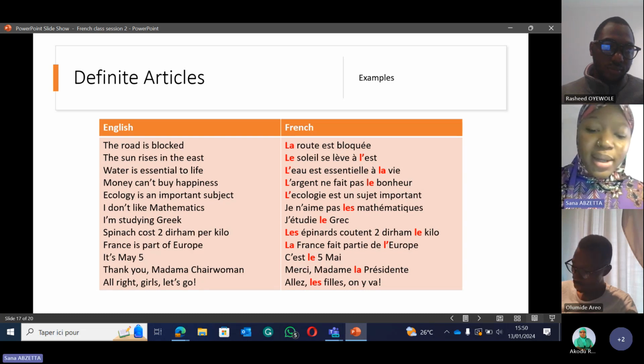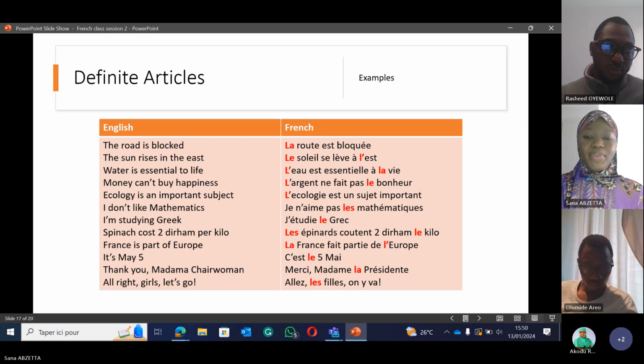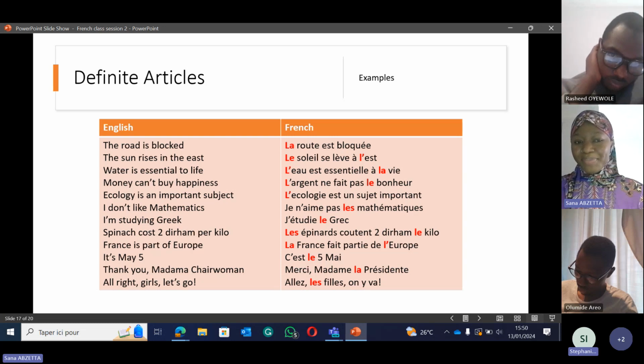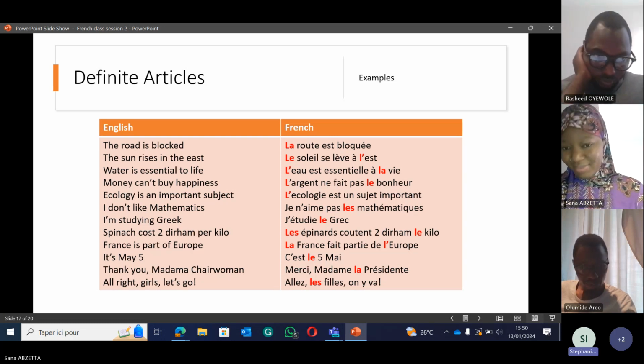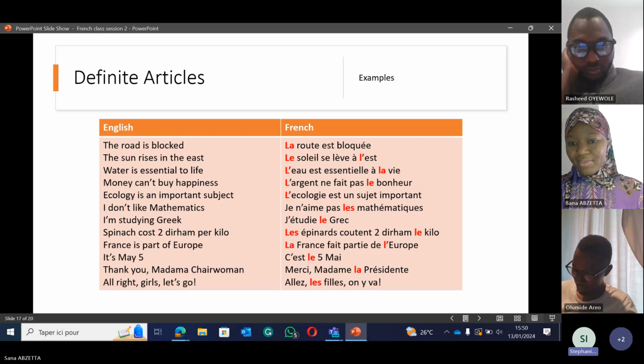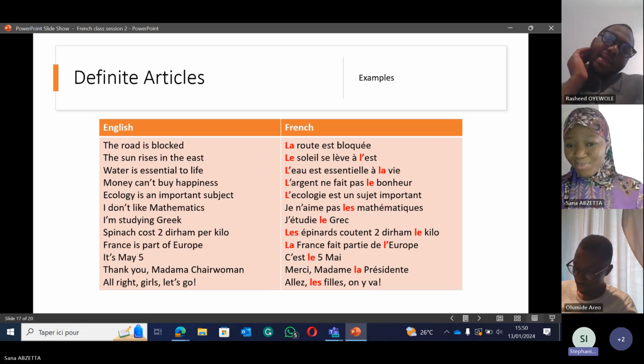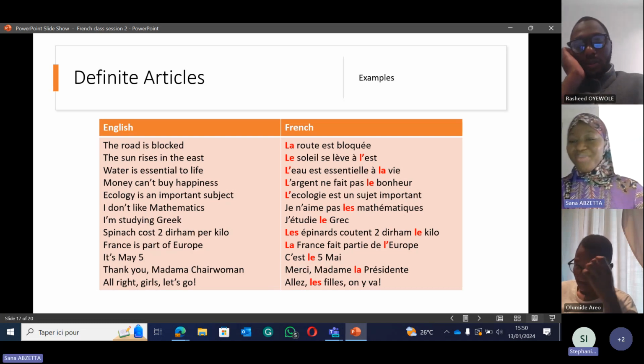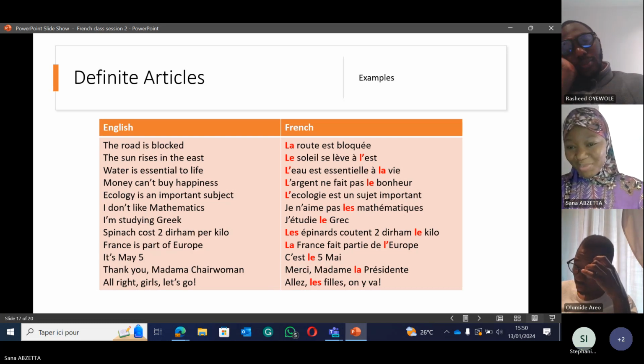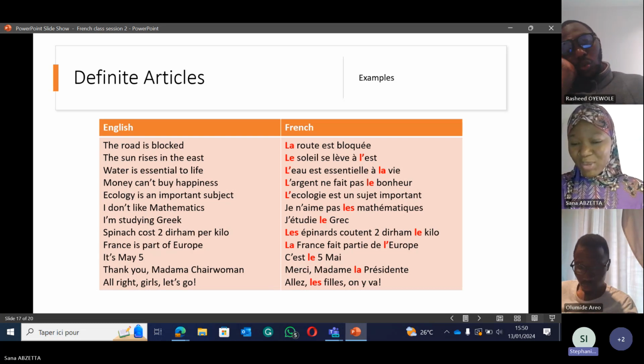Here the rule about price. Les épinards coûtent deux dirhams le kilo. L'épinard, les épinards. Coûte. Deux. Two in French is deux.